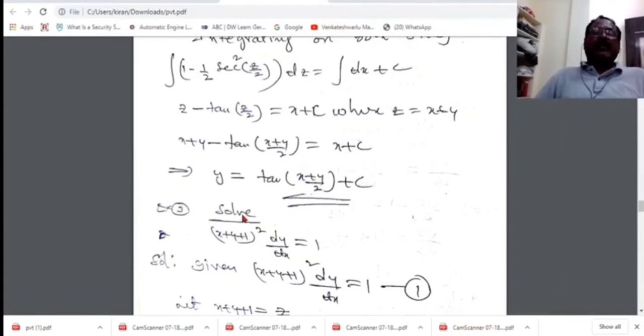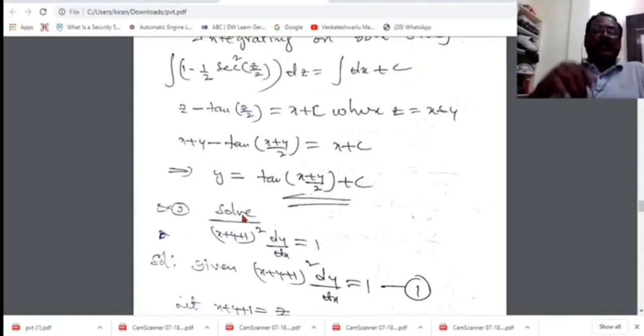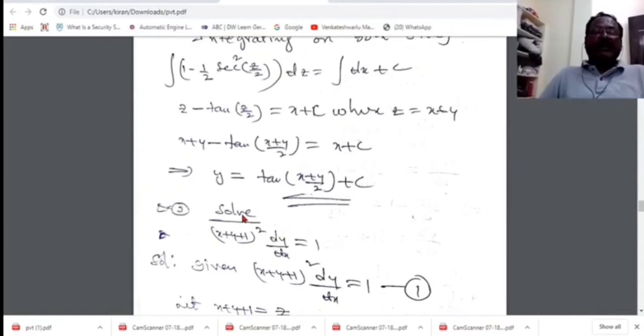Now, differential equations reducible to the variable and separable form. One more example. Solve (x plus y plus 1) whole square into dy by dx is equal to 1. Solution: (x plus y plus 1) whole square into dy by dx is equal to 1. That is equation number 1.